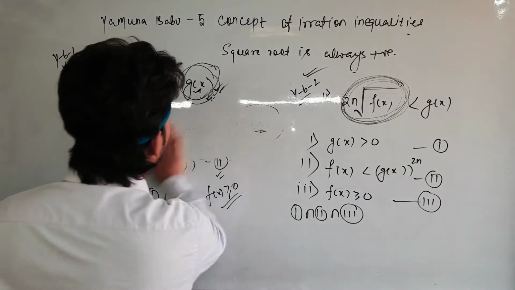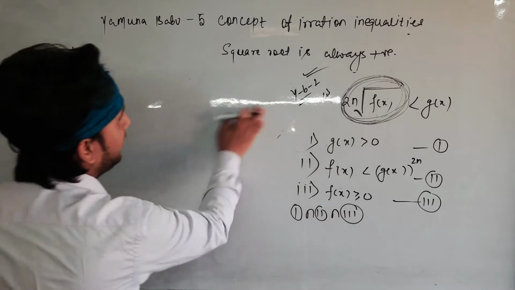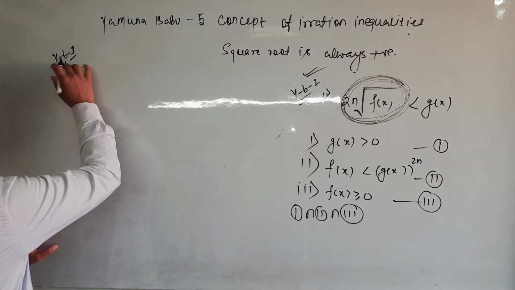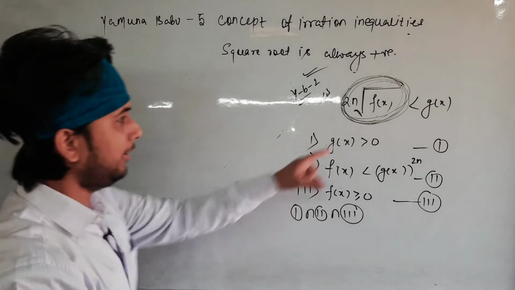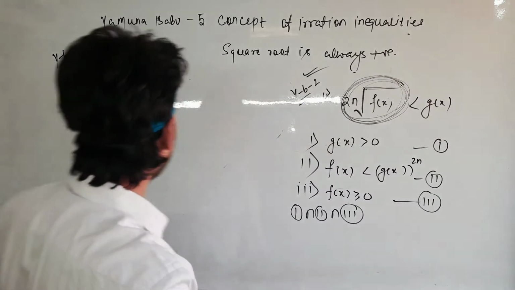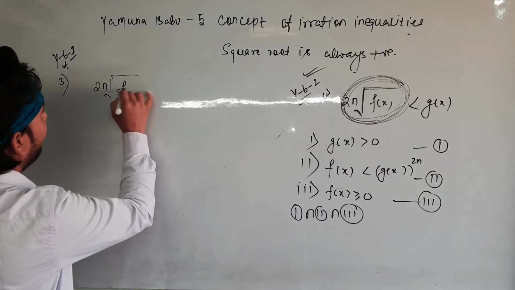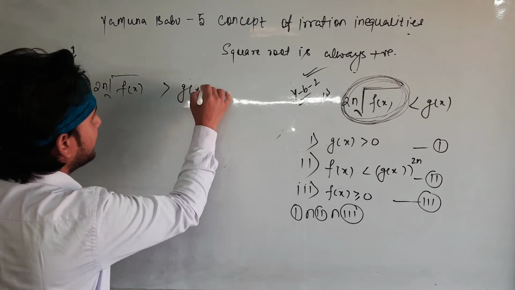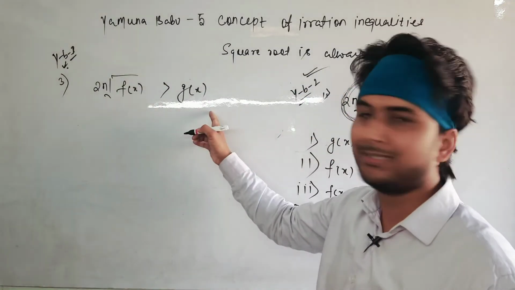Third condition. What is the concept number? Yamuna Babu concept number 3 says: the 1 by 2nth power of f(x) is greater than g(x).